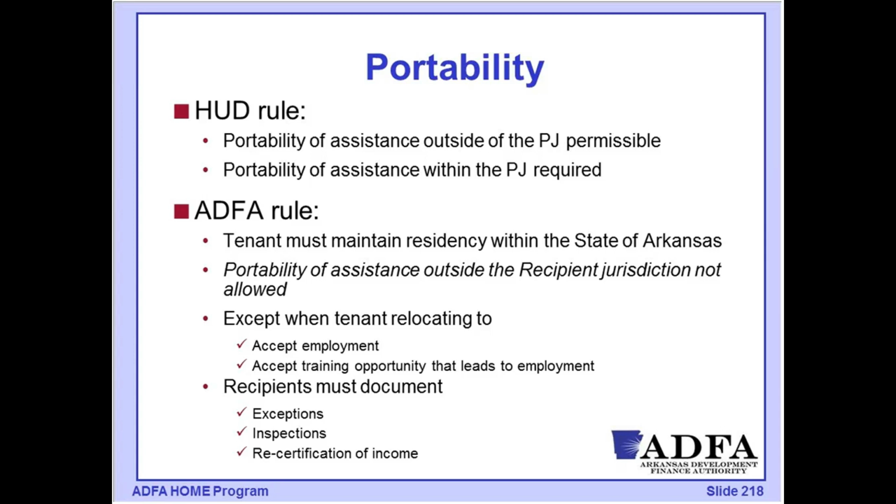If we have a tenant that's relocating to accept employment, or they're getting some training that will lead to employment, in that case, they would be allowed to essentially use the one city's TBRA funding that they're using and relocate outside of that city. The recipient would have to document the basis for granting that exception to this rule.